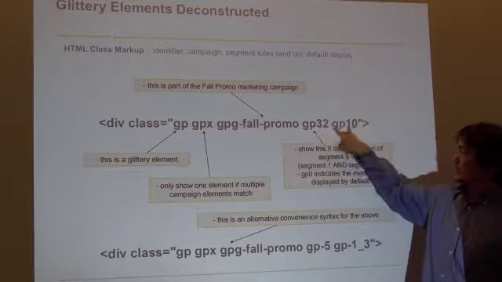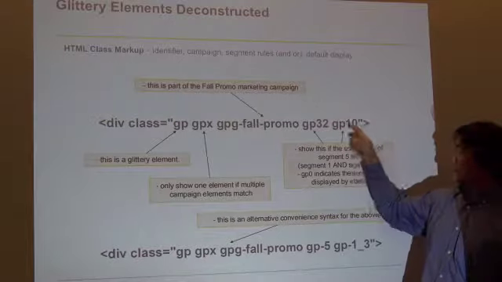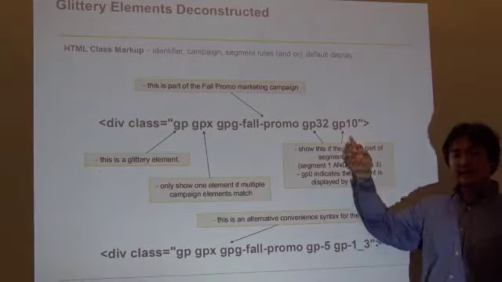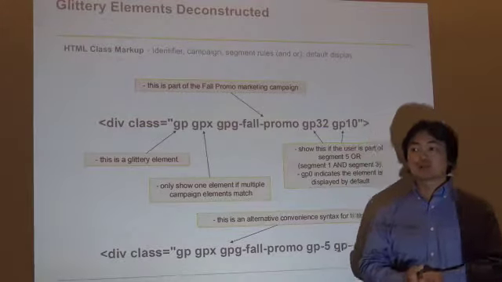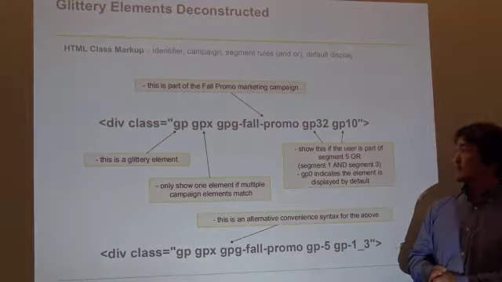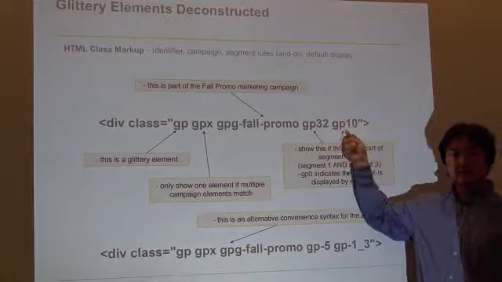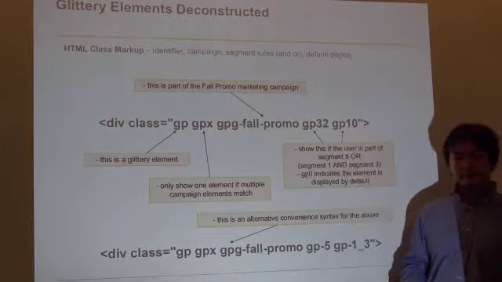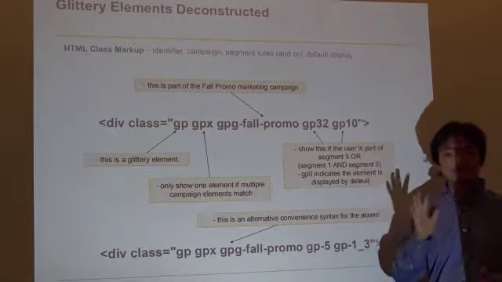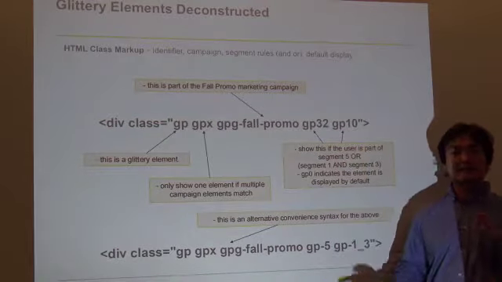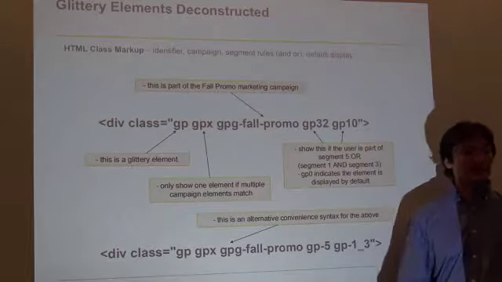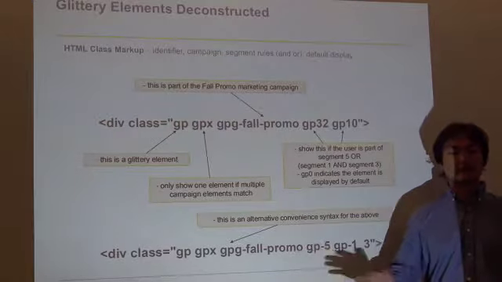So you can have any number of these ORs, and within each section, if you need a combination of segments required to view that, you can encapsulate that in that single class element. We noticed that some CSS people had a hard time with this. It's not completely natural for someone from a design background.